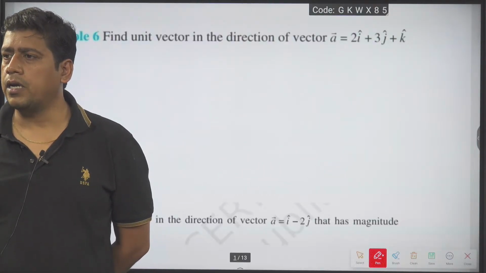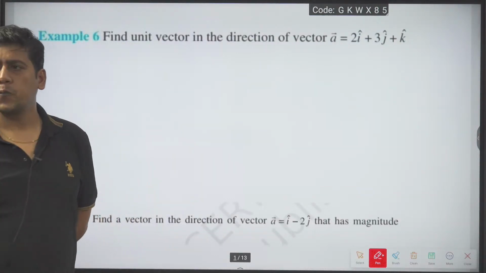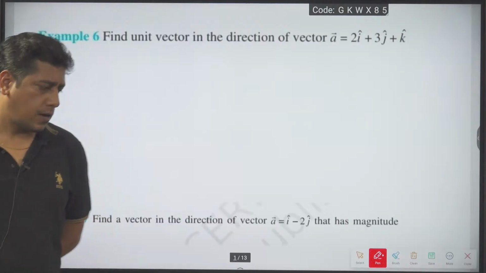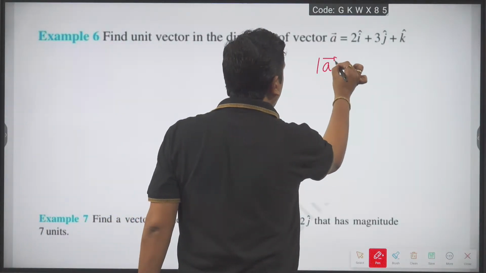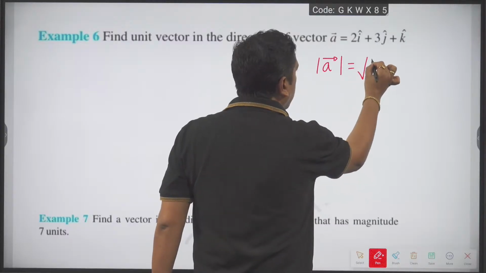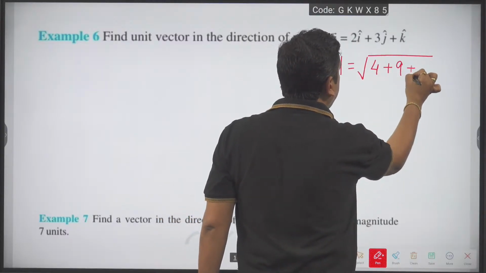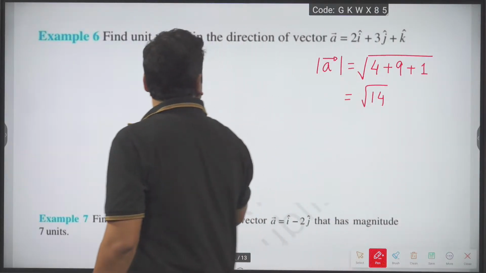Last 2 minutes, come on. Find the magnitude. Under root 2 square is 4, plus 9, plus 1, root 14.